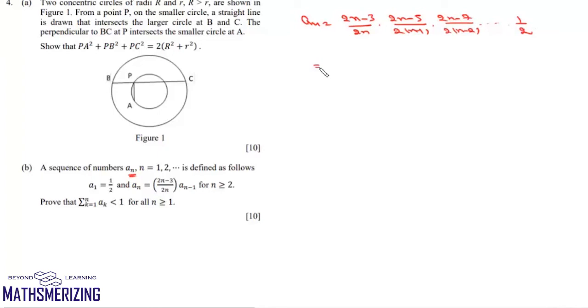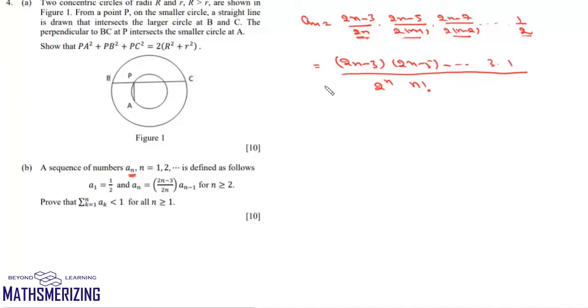Now what we'll do is multiply numerator and denominator with 2n, 2n minus 1, 2n minus 2 and 2. So we'll get 2n minus 3, 2n minus 5 and then 3, 1 in the numerator. And in the denominator there will be 2 into 2 into 2, n times, so 2 to the power n, and then n, n minus 1, n minus 2 up to 1, which is factorial n.